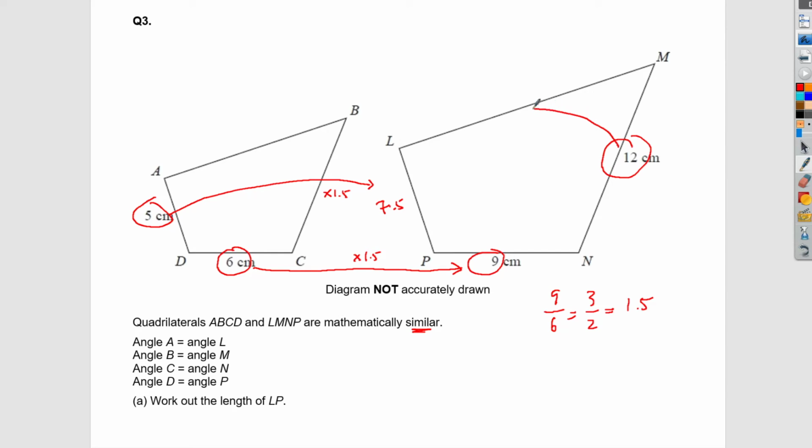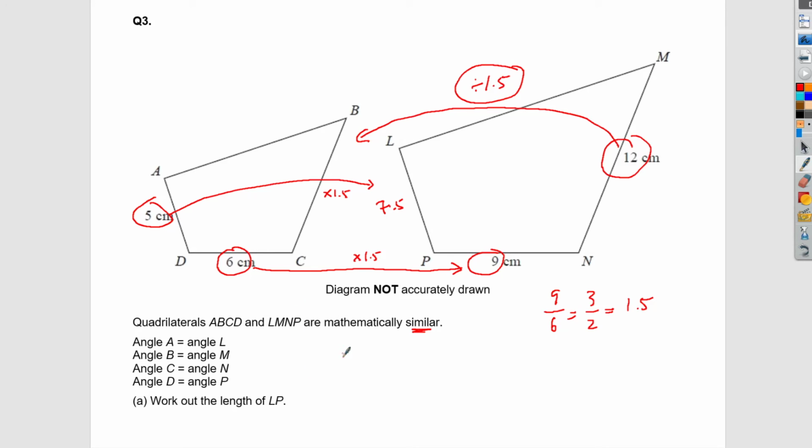I want to go the opposite way. So instead of timesing, this shape is 1.5 times bigger. This side is 1.5 times bigger than this. So this side is 1.5 times smaller than this. So the way we're going to make this side smaller is by doing divided by 1.5.